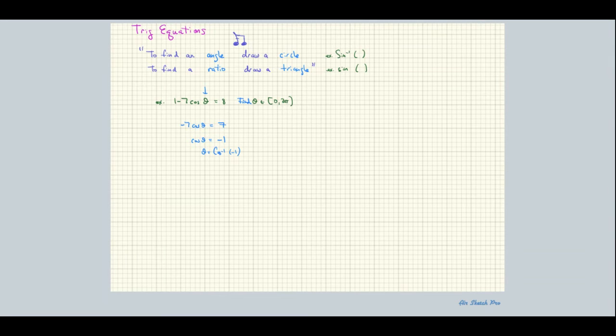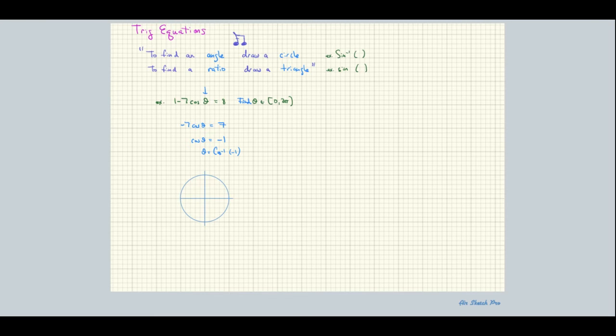Here we go. Now remember, we normally expect to get 2 solutions, right? I'm expecting 2 solutions. And now I ask myself, cosine, is that an X thing or a Y thing? Is cosine an X thing?